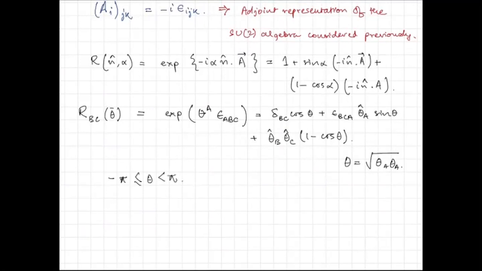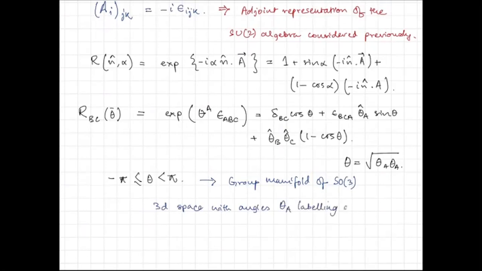This is what the construction is. So this is the group manifold of SO3: a 3D space with angles theta_A labeling orthogonal axes, subject to this restriction.